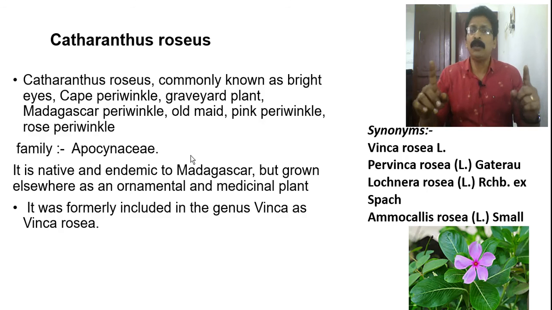It was formerly included in the genus Vinca as Vinca rosea, and that synonym is why we continue to use it. The synonyms are Vinca rosea, Periwinkle rosea, Lochnera rosea, and Ammocallis rosea.